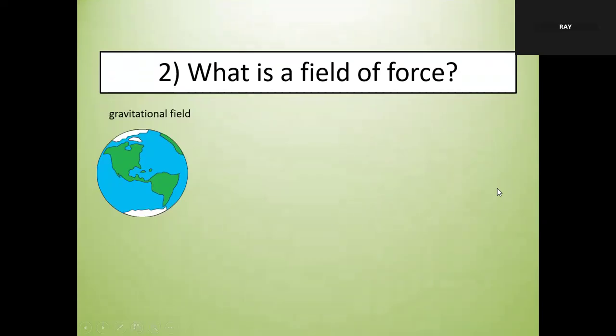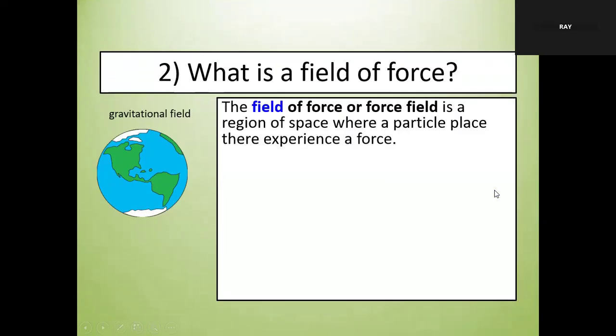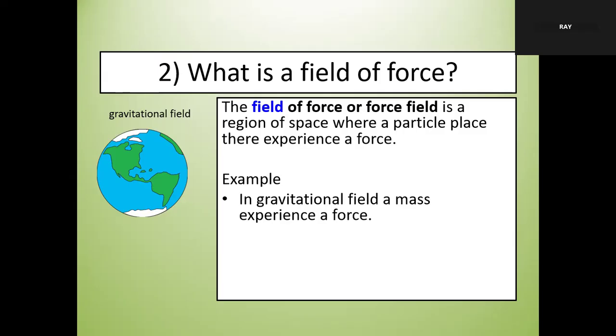What's a field of force? Memorize. A field of force or force field is a region of space where a particle placed there experiences a force. Example, gravitational field: a mass experiences a force. Anywhere you stand, you experience a gravitational field. How do we know there's a gravitational field?